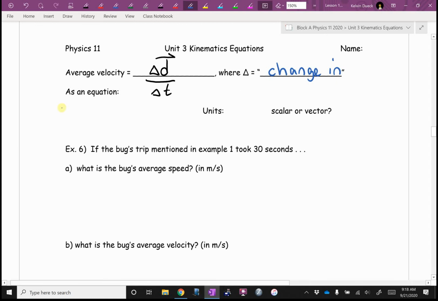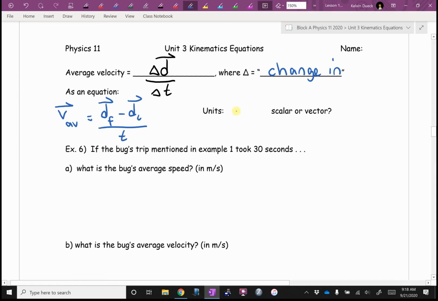So as an equation, the average velocity is going to be your final displacement minus your initial displacement divided by time final minus time initial, but we get lazy because time is always a change in, and so I just wrote the t for the first time this year, and I'll be doing that most of the time this year.